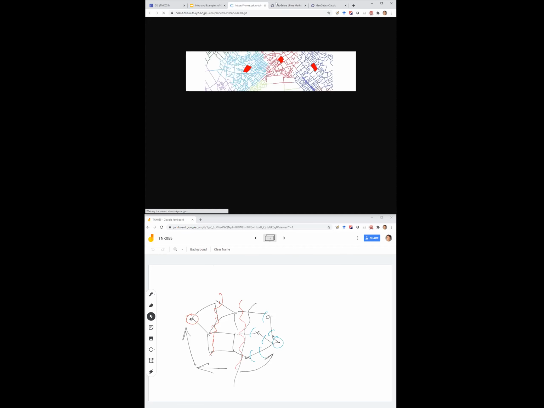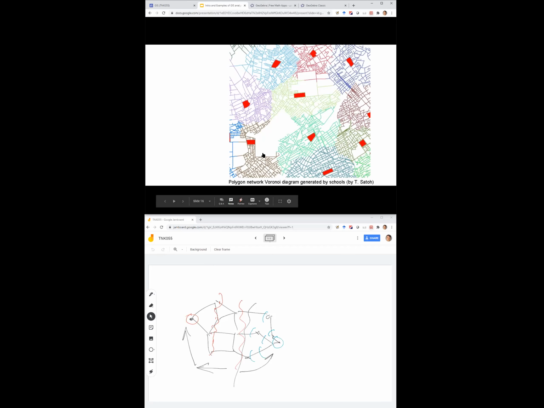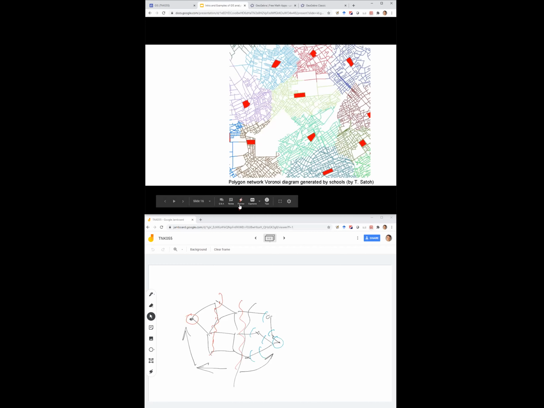If you are around here, then the closest feature is maybe this one, and so on. Yes, that's an example of the Voronoi diagram for non-point regions.